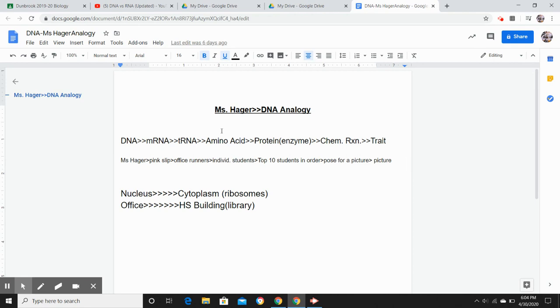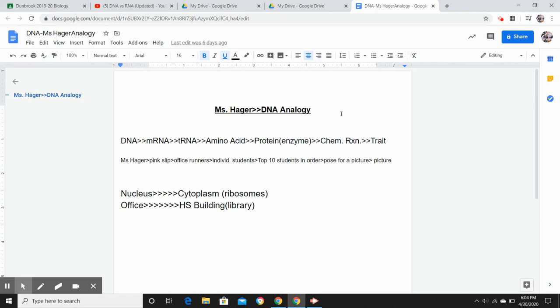Really, in real life, what we did was we had the DNA copy its message to the messenger RNA, which leaves the nucleus, and it hooks up with a transfer RNA that brings a specific amino acid to a specific place to build a specific protein that has a specific shape that gives us a specific chemical reaction that gives us a specific trait.